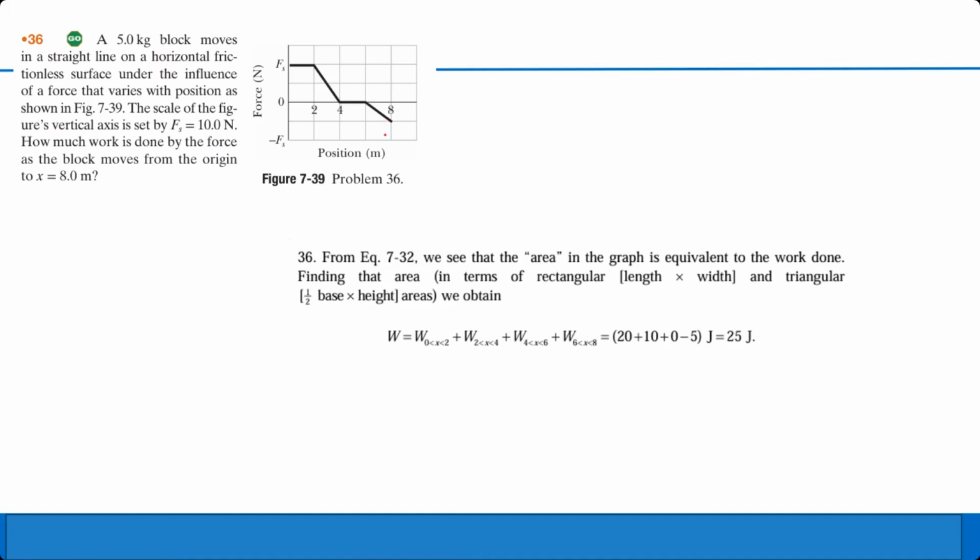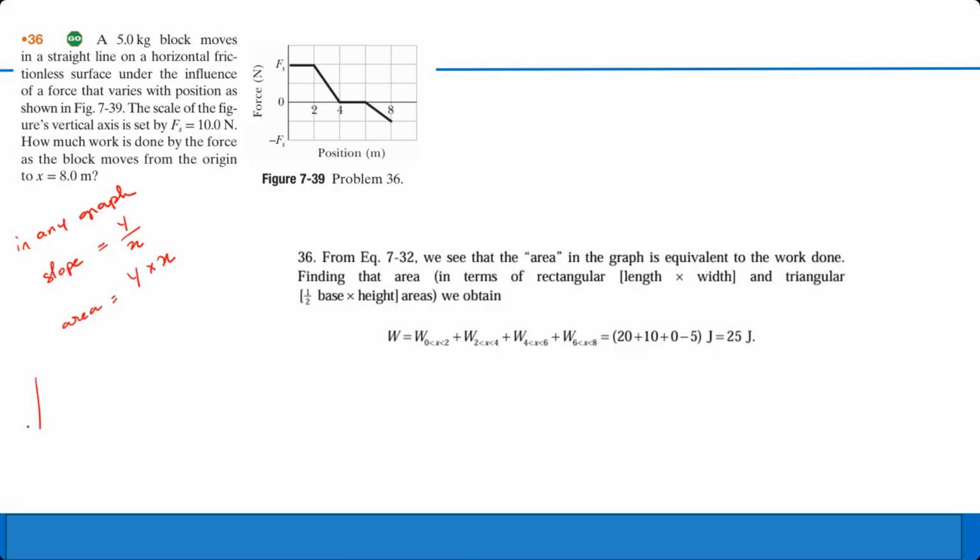One interesting thing we can get from this graph, I want to remind you, in any graph in physics, the slope represents what's on the y-axis over what's on the x-axis, whereas the area under the graph represents what's on the y-axis times what's on the x-axis.